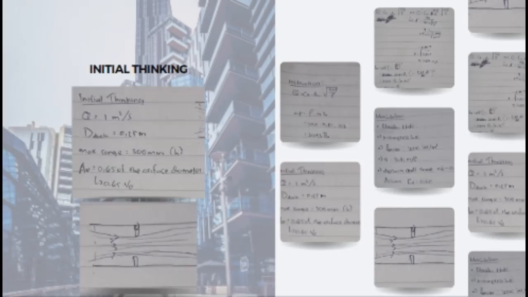So next is the initial thinking. The initial thinking of this problem is Q equal to 1 meter cubed per second, duct diameter equal to 0.25 meter, manometer range is 300 millimeters, and the area of the vena contracta is 0.65 of the orifice area.